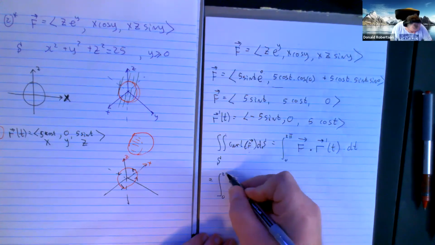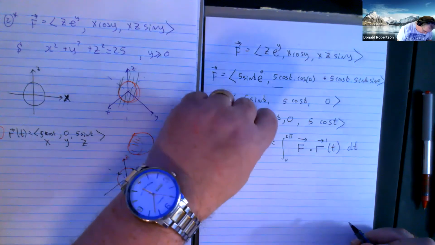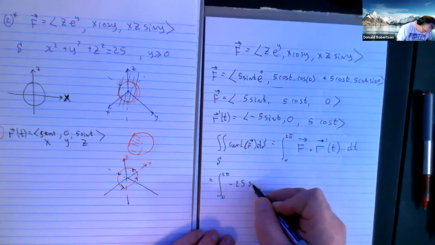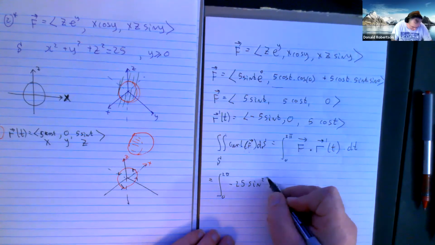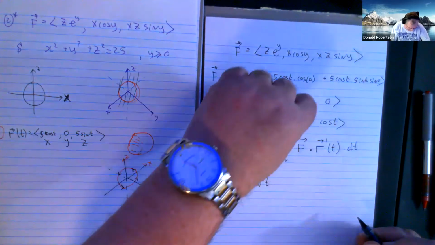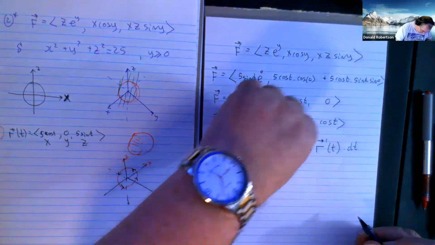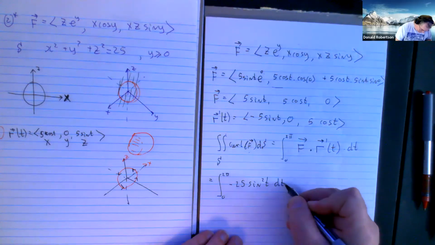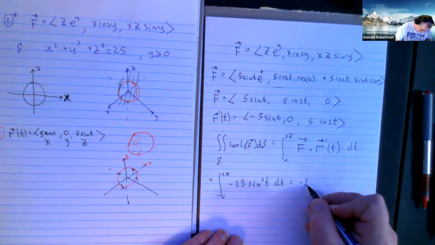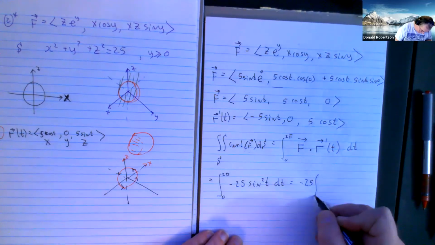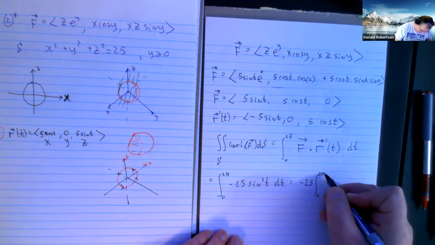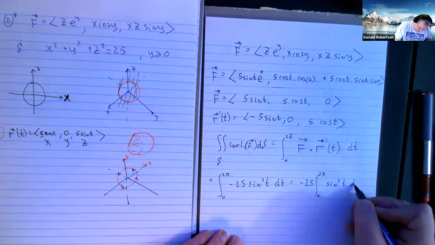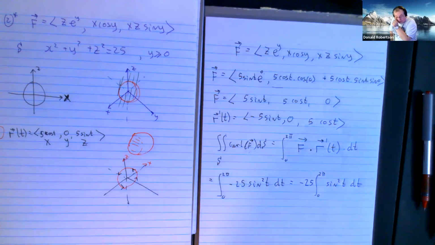This guy times this guy, I believe, is negative 25 sine squared t. This guy times this guy is nothing, and this guy times this guy is nothing. So we're looking at that. I would probably pull out the negative 25, and essentially we only end up with integrating the sine squared.